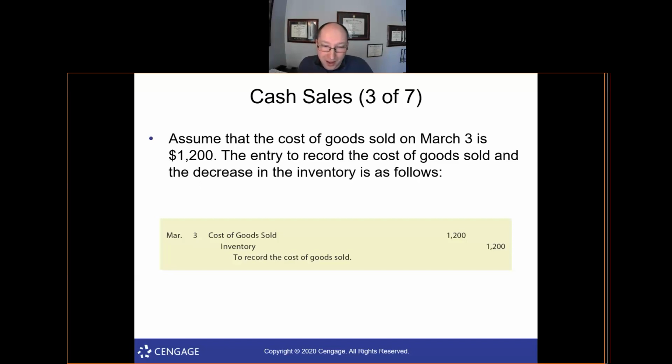For assets like cash and inventory and all that stuff, when you debit, that means it's coming in. When you credit, it's going out. But that's only for assets. It works the opposite for liabilities and equity. Good question. Absolutely.